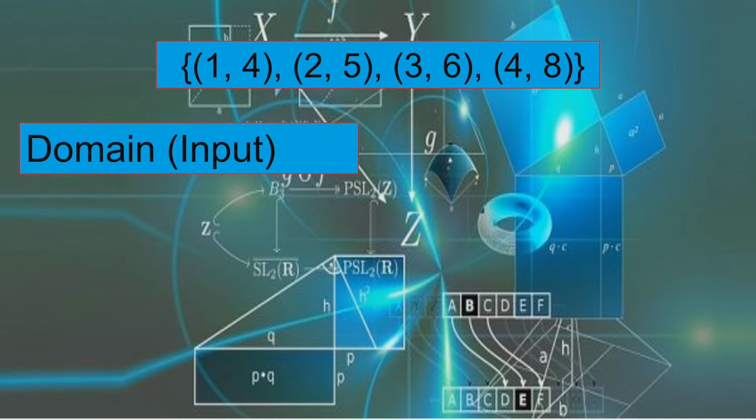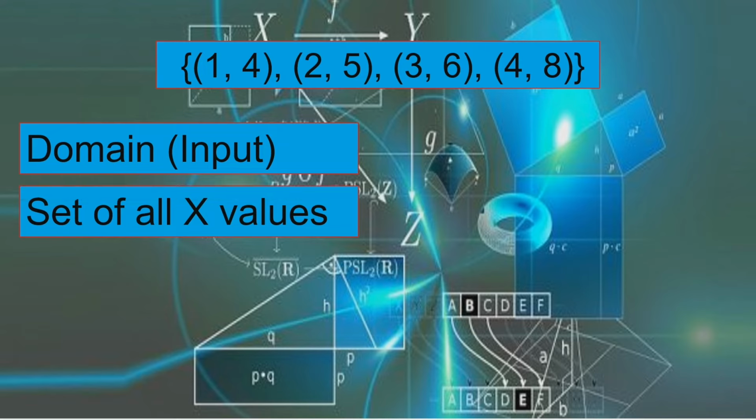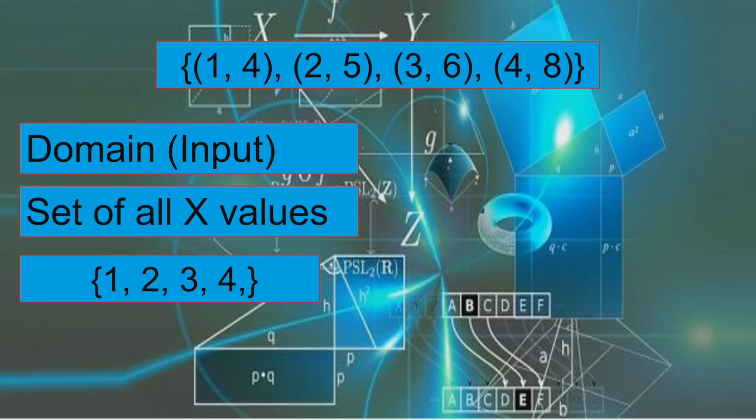Domain. This is the input or set of all x values. Okay? Based from the example, kung makikita nyo class, ang set of all x values natin is 1, 2, 3, and 4.